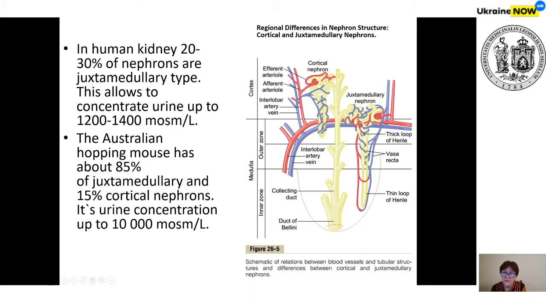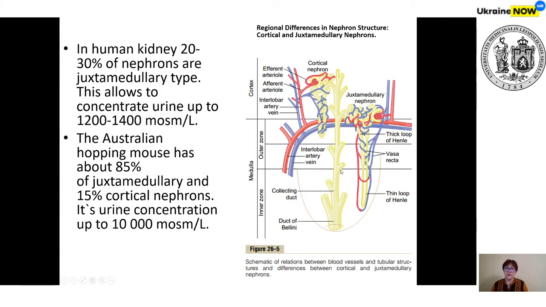It's for concentration of urine, and the loop of Henle of juxtamedullary nephrons is located deep in the medullary layer. Cortical nephrons have a short loop of Henle. There is no vasa recta, and they go only a short distance into the medullary layer.